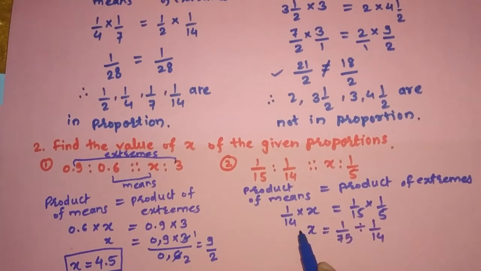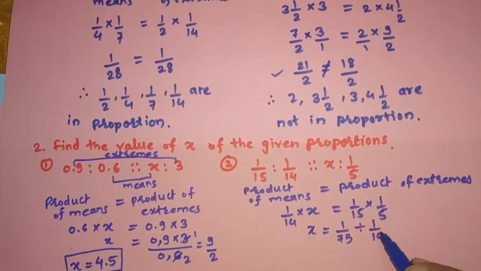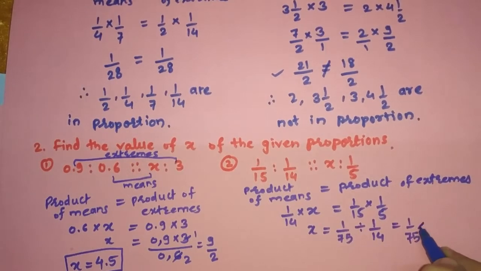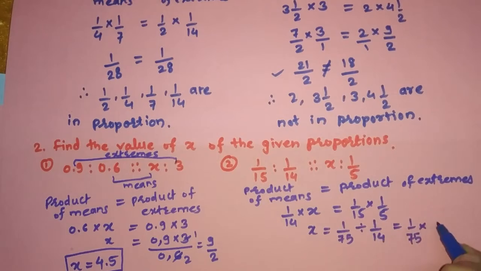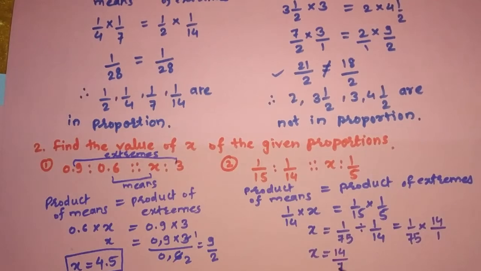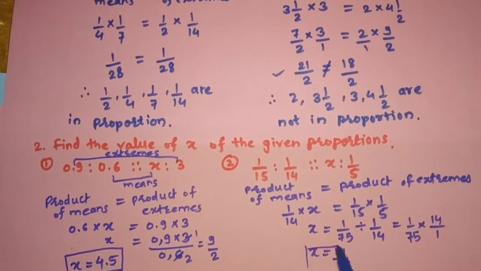When we shift this multiplication operation to the right side, it goes into division. So 1 by 75. Now division of fractions, we know that it goes into multiplication and we need to flip the second. It becomes 14 by 1. So friends, here we'll get the x value 14 upon 75. So this is the value of this unknown variable x, 14 upon 75.